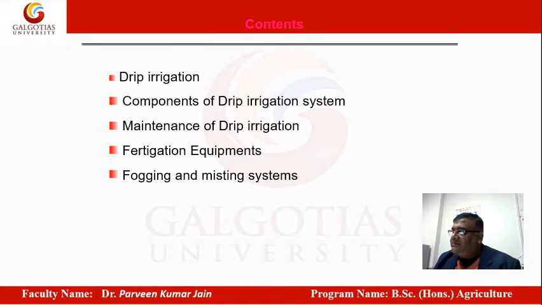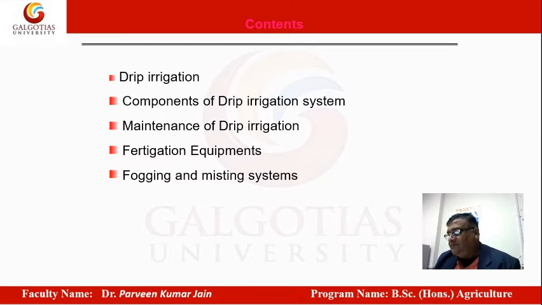Now, we will cover the concepts of drip irrigation, then the components of drip irrigation systems, the parts or equipment, how this is designed, how it is made, and how we go for this, and then of course something on the maintenance also, because they need servicing from time to time.